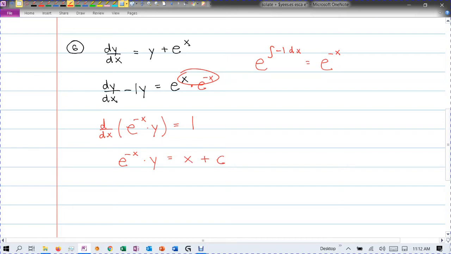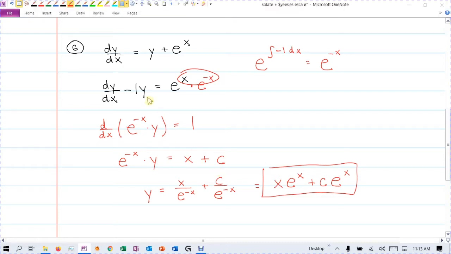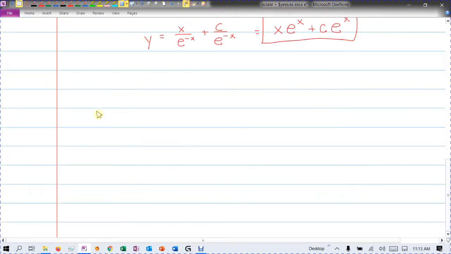And now divide both sides by e to the negative x. So I'm doing this over e to the negative x plus c over e to the negative x. We can bring those up. So we get x e to the x plus c e to the x. And that's it. This is our general solution. Y equals that. Working on 7 now.